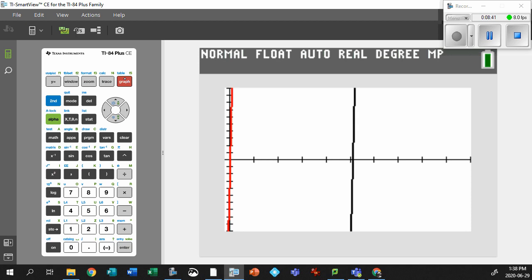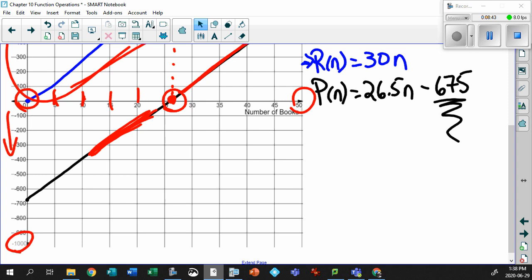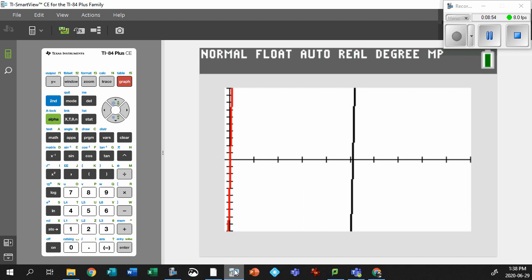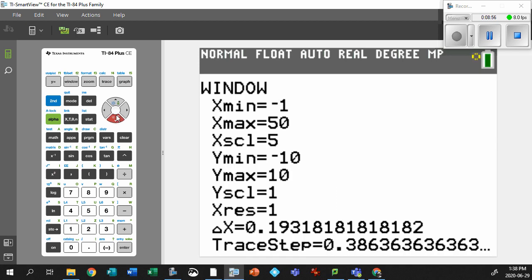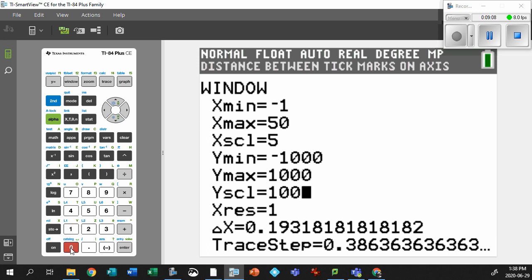Okay, so let's go back to this, going from minus 1,000 to positive 1,000, and it looks like I'm jumping up by hundreds, right? Okay, so back to our calculator. Window, minus 1,000 for our y min, positive 1,000 for our y max, and we're scaling up by 100 each time. That should give us a pretty graph.